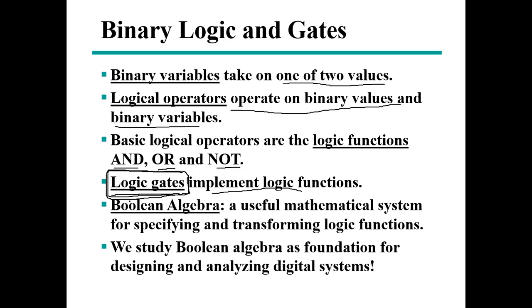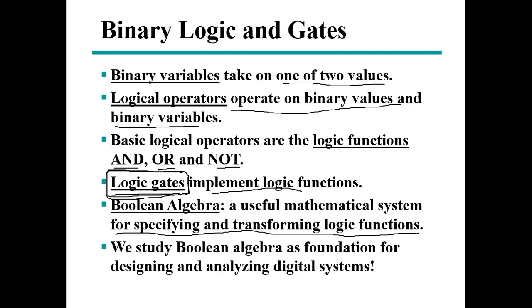What is Boolean algebra? Boolean algebra is a mathematical system for specifying and transforming logic functions. So we will learn about Boolean algebra. It is a set of axioms or postulates and theorems, and using those postulates and theorems, we can transform logic functions from one form into another, simplify them into a much simpler form, and all that.